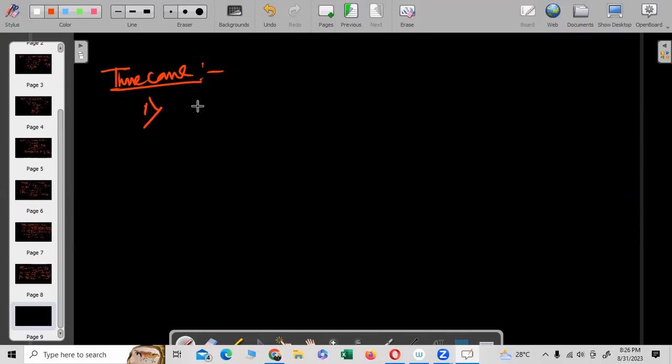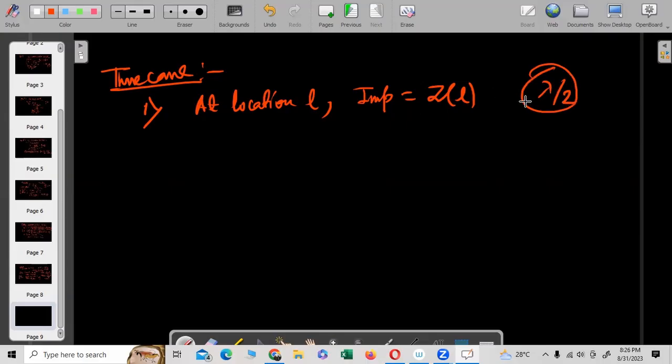First, at some location L, we need to find the impedance, which is equal to Z of L. But my argument is, is it repeating after lambda by 2 distance? This is the wavelength. So after 50% of the wavelength, is it repeating the same value? Can we prove that? How to prove? It will be Z of L plus lambda by 2.